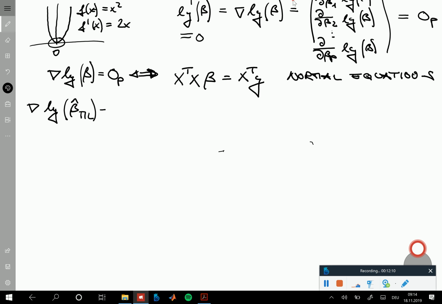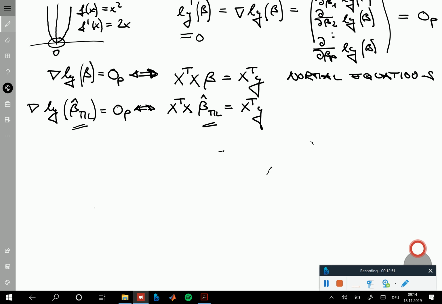At the location of the maximum likelihood, the gradient of the likelihood function with respect to beta is the 0 vector, and this is equivalent to the design matrix transpose times the design matrix times this location being equal to the design matrix transpose times the data. For the moment, you have to believe me on this equivalence. I will show you that in a second. But besides that, is that clear?